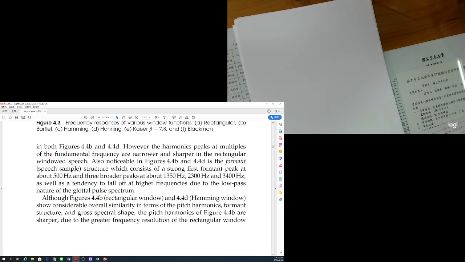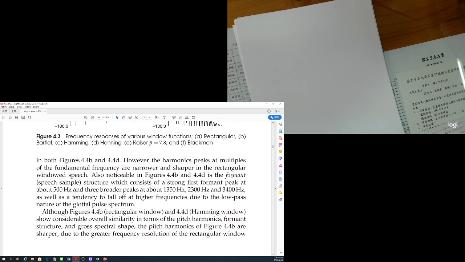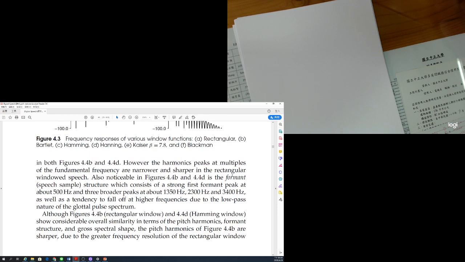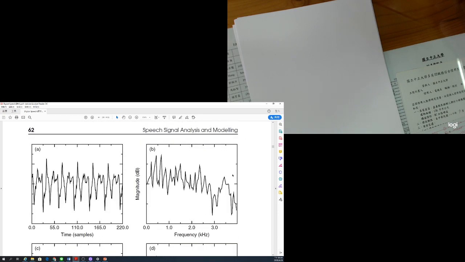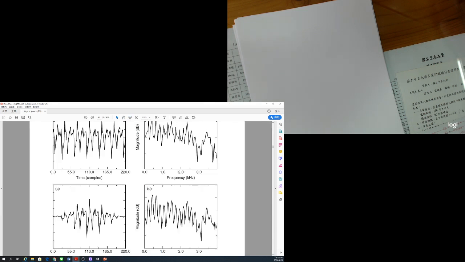Okay, so for the speech signal, they are talking about the formant. The formant is more like an envelope peak. What is the formant? What do they want to say? They go down to the other figure, which gives you the idea that this may be too big or too small.